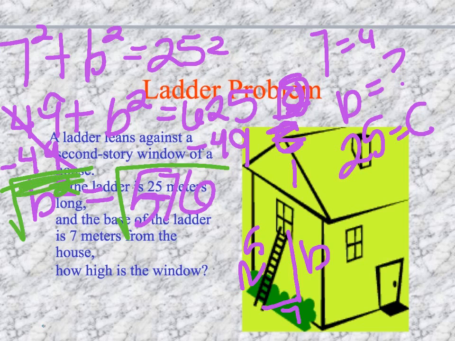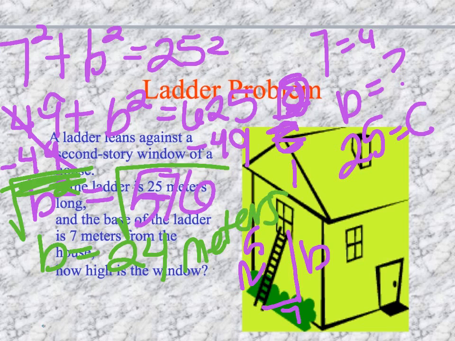That cancels each other out. You're left with b equals the square root of 576, and that is exactly 24. So we know the distance from the ground to the window is 24, and it's meters. 24 meters high.